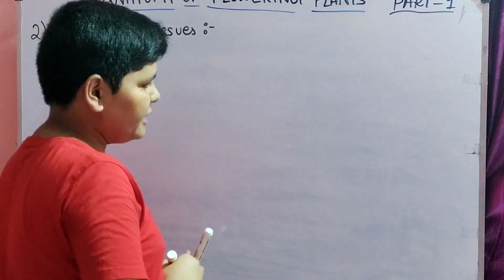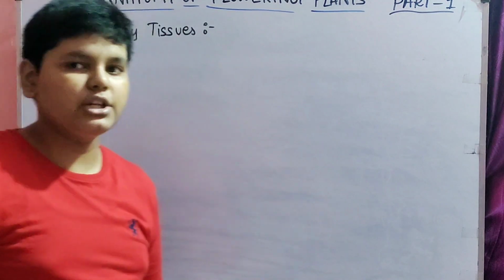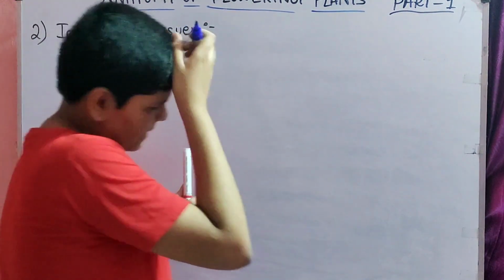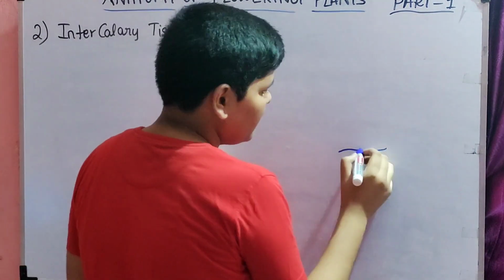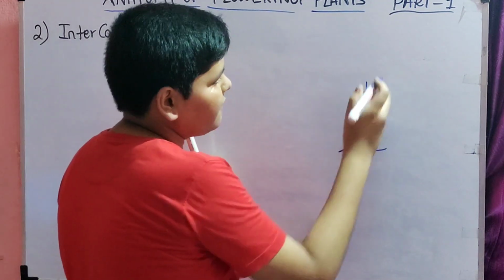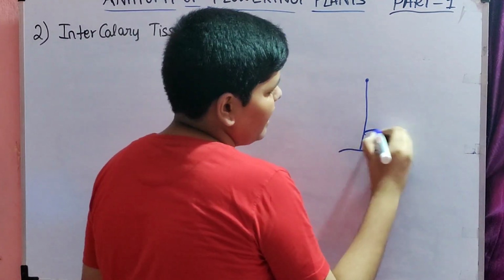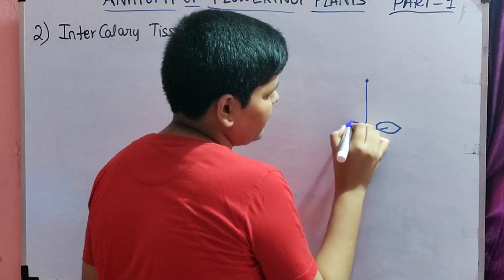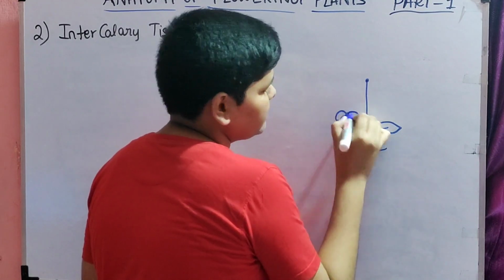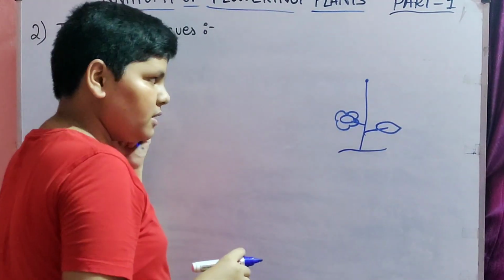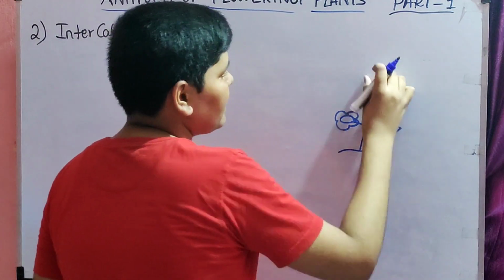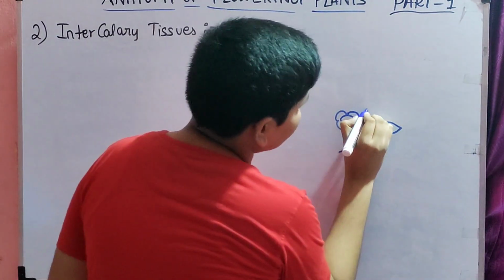For intercalary tissues, we have to understand the structure of a plant. For example, here, if we have a plant which has the apical bud over here, and there are some leaves over here, then there are some flowers over here, something like this. Now there are shoot apical meristems present on the tip.